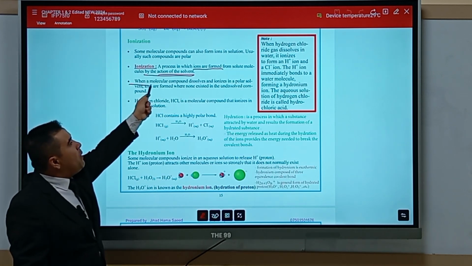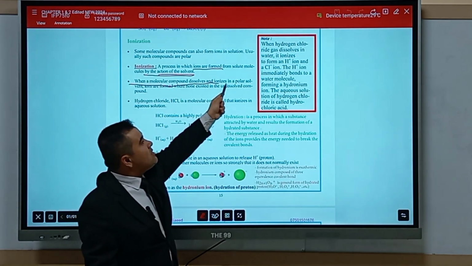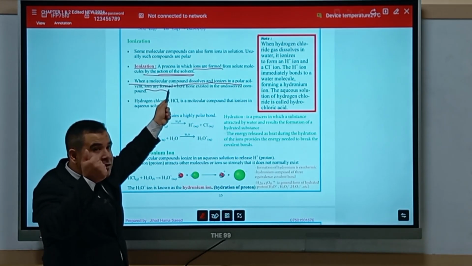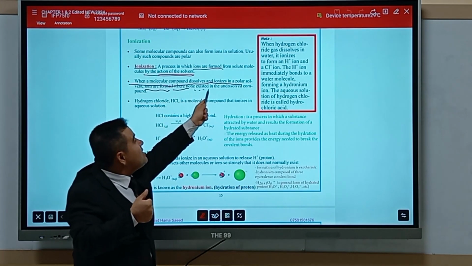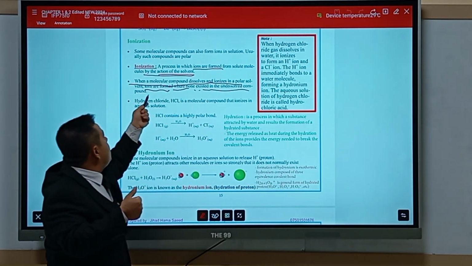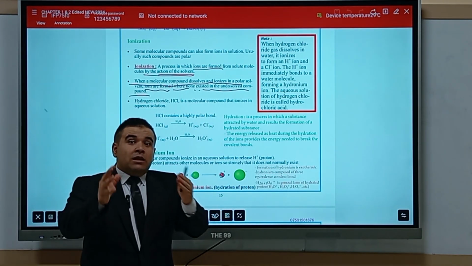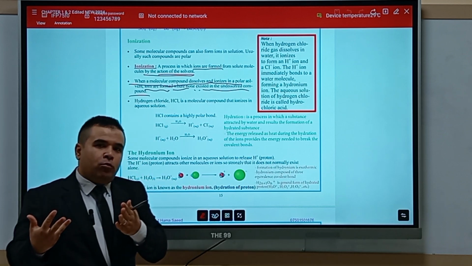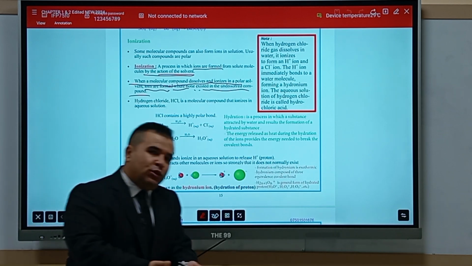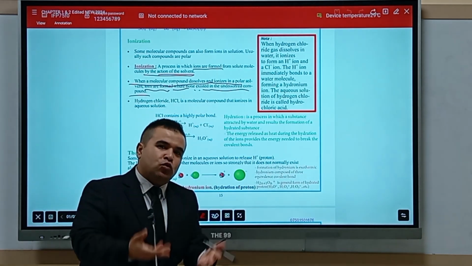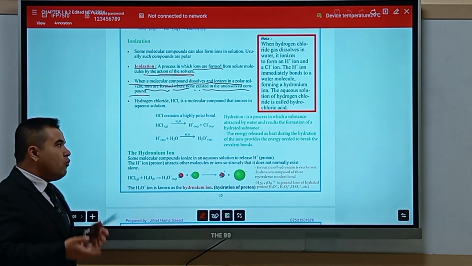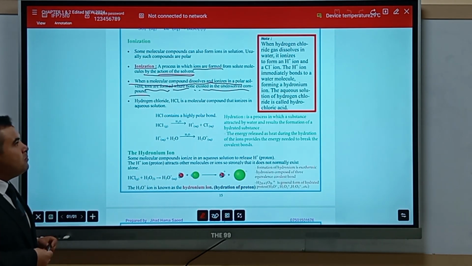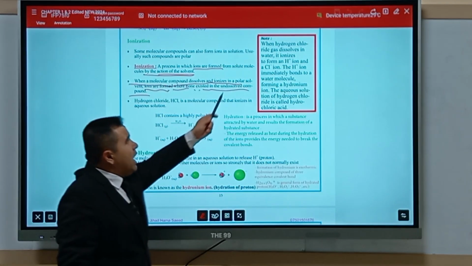When a molecular compound dissolves and ionizes in a polar solvent, ions are formed where none existed in the undissolved compound. There were no ions in the undissolved form of the compound, but when we add it to the aqueous medium, it starts to dissolve and form ions. That's why we call it ionization. Here we have a note, guys.